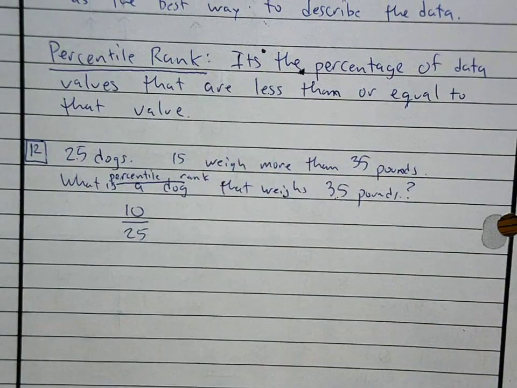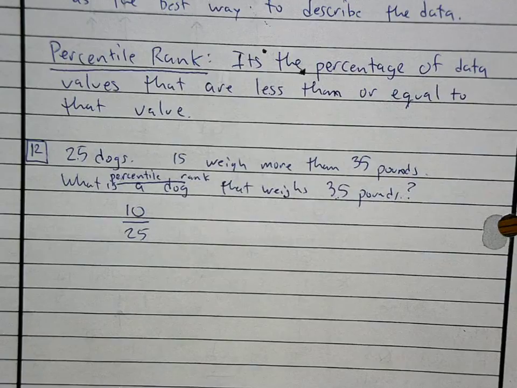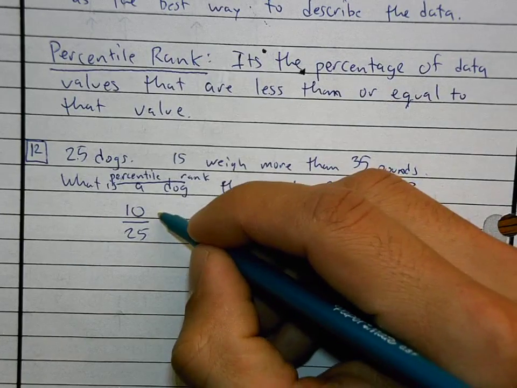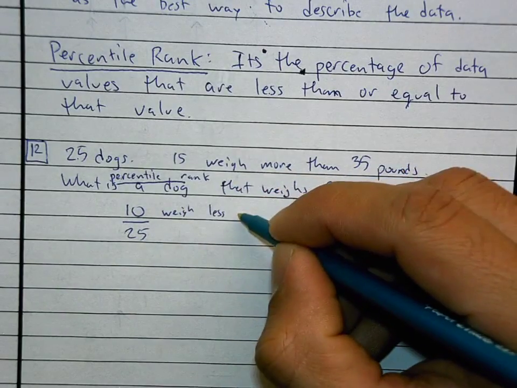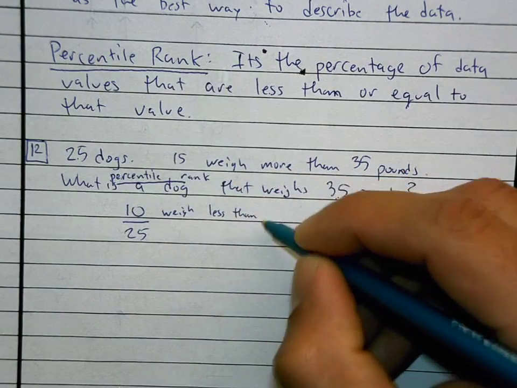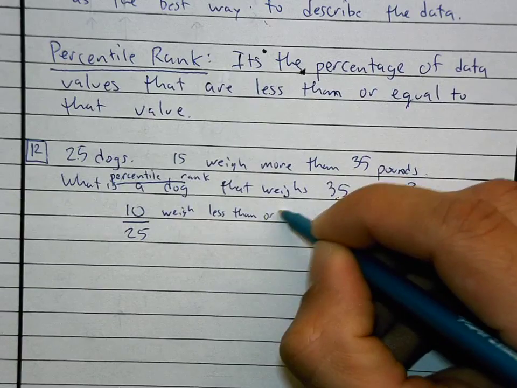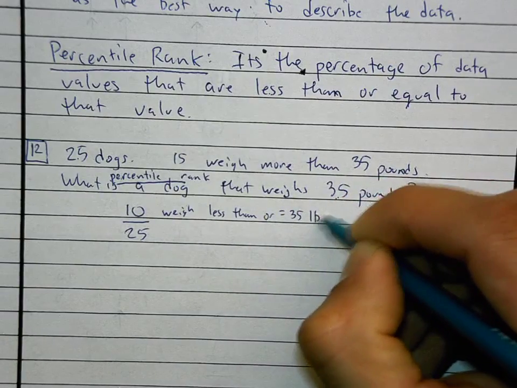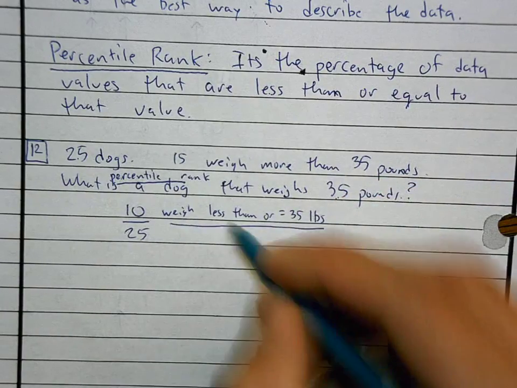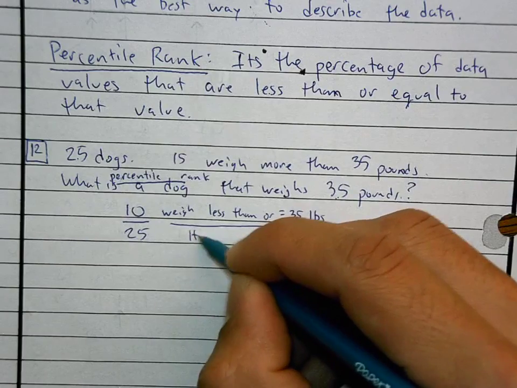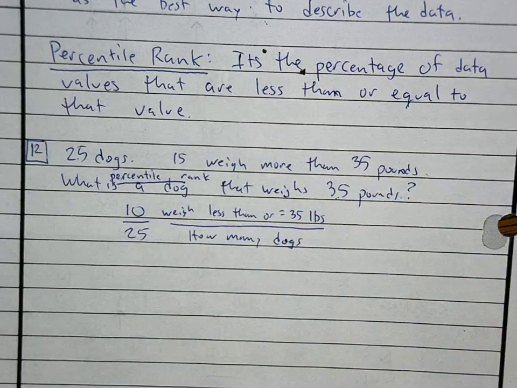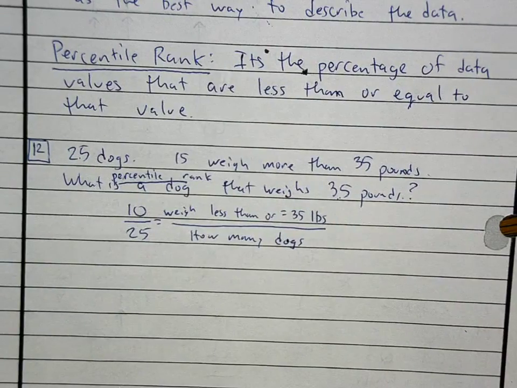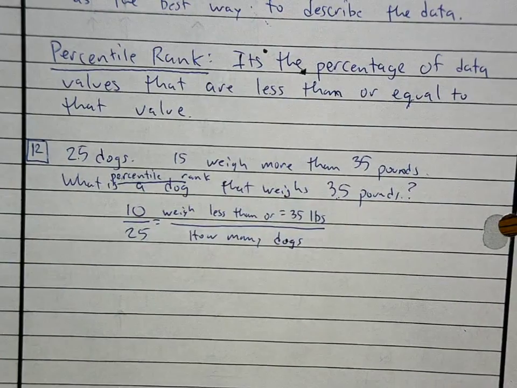Okay, so I'm going to write something down that helps me. I'm writing 10 weigh less than or equal to 35 pounds, and I'm dividing it by how many dogs. That's what you're doing. And then you're going to convert this to a percent.